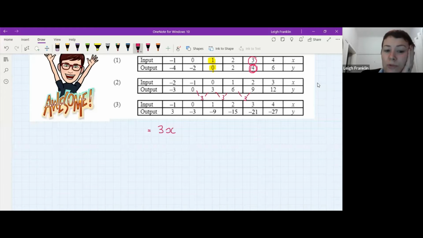Remember, your constant difference becomes your multiplier. Absolutely. Now you're going to go and test, okay, when 1 goes in, 3 times 1 gives us 3. Do we get 3 out when 1 goes in? No, we get 6 out. So now what are we going to do to 3 to get 6? You add 3.